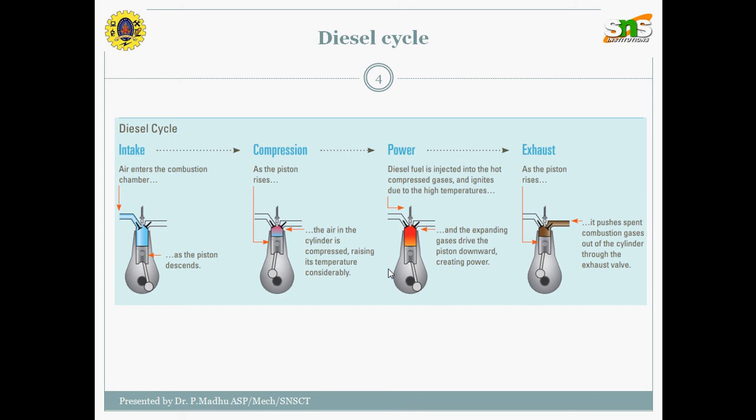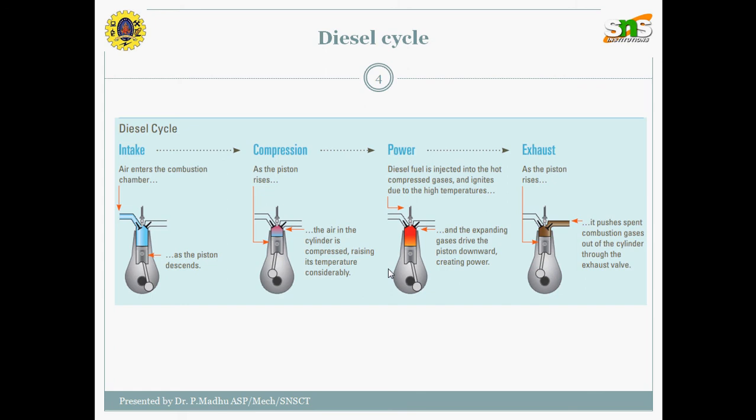Then the power stroke: when the piston reaches the top dead center, the topmost position, the diesel fuel is injected, then due to the high pressure and high temperature, it starts to burn. Then the burned gases push the piston down. That is the third stroke, called the power stroke. With this stroke only we are getting the power. For the other 3 strokes, we have to supply the power.